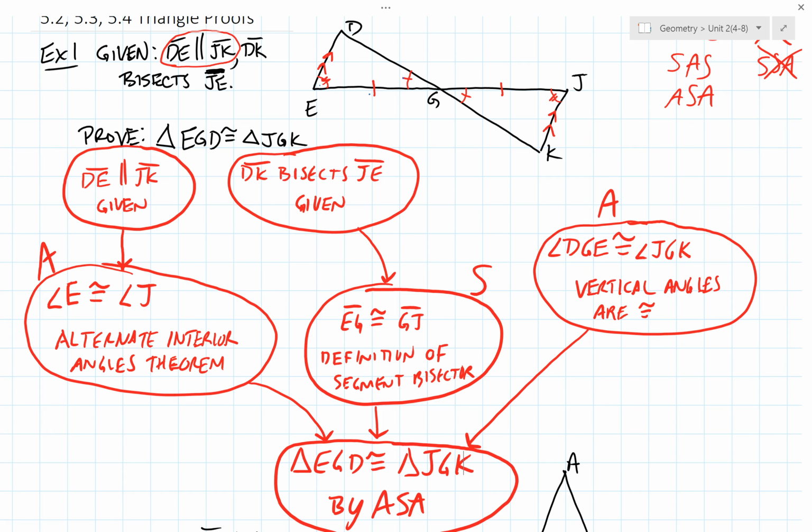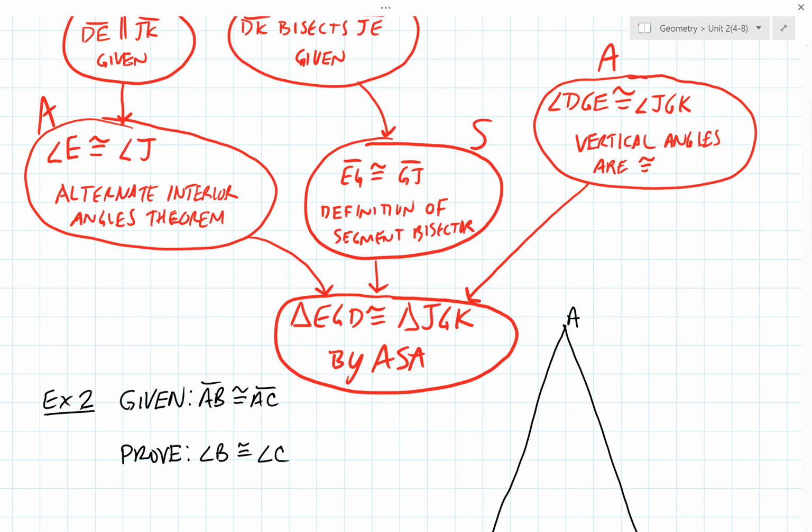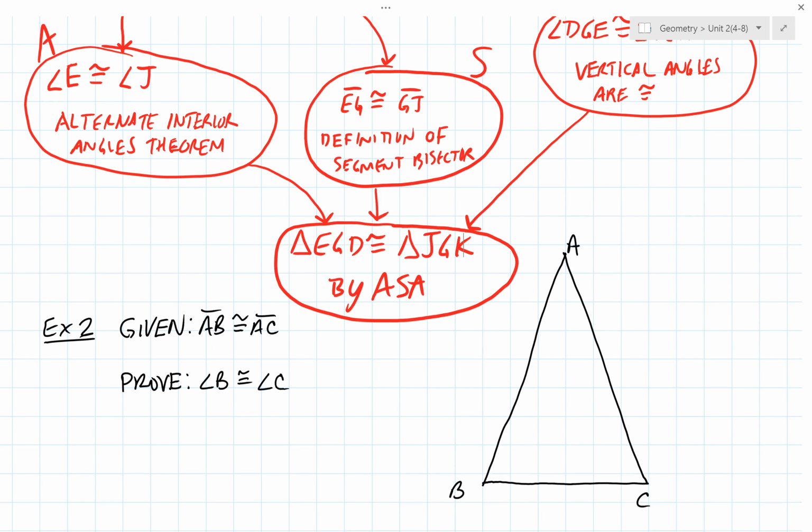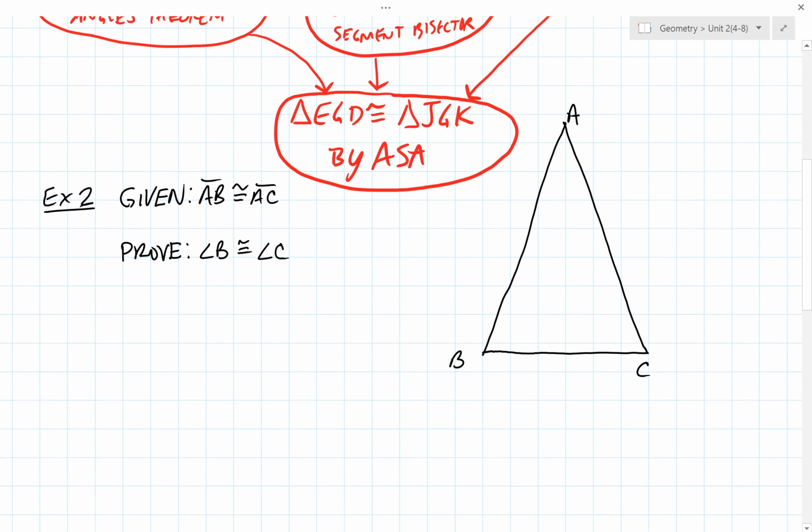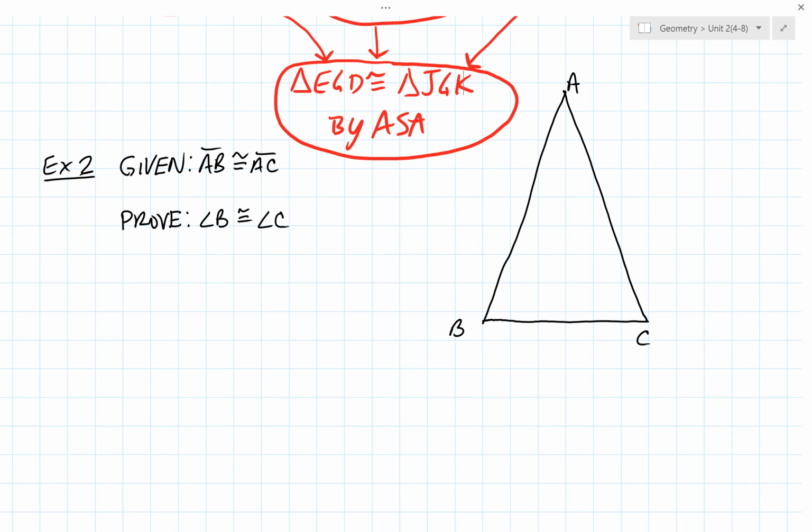Okay, so the next one we'll do as a two-column proof so you can see what that would look like. So go ahead and copy down this example. Okay, so this proof is a little different than the one before it.